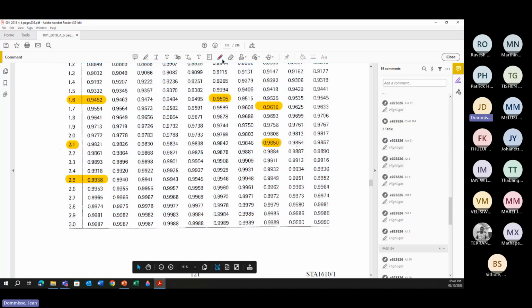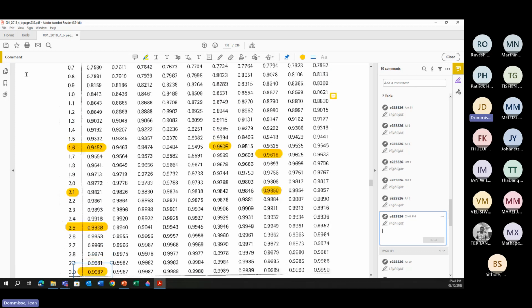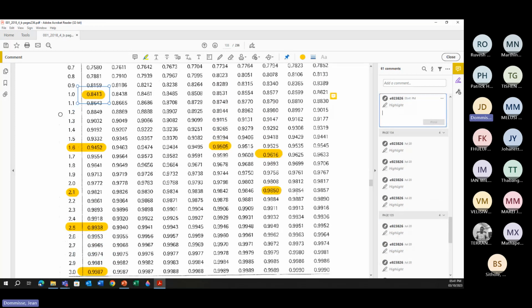Okay, so we've got Z equal to 3. So that was 0.9987. And then we're going to say subtract Z equal to 1. Z equal to 1 is 0.8413.